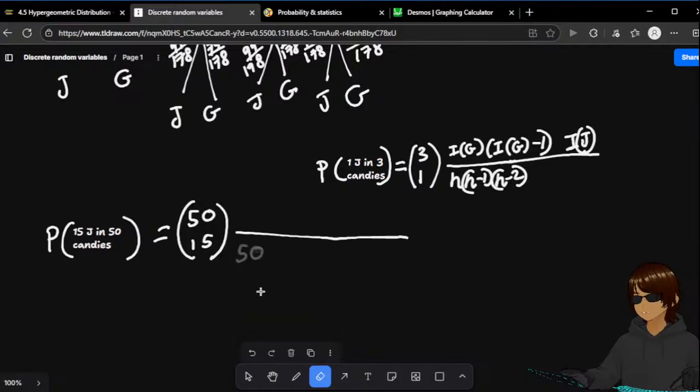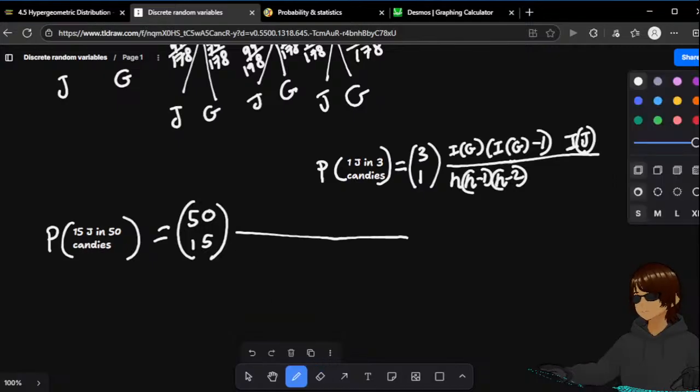There are 180 candies. 180 times 179, all the way till I need 50 of them, right? 180 minus 50. Is that correct? I'm getting 130.